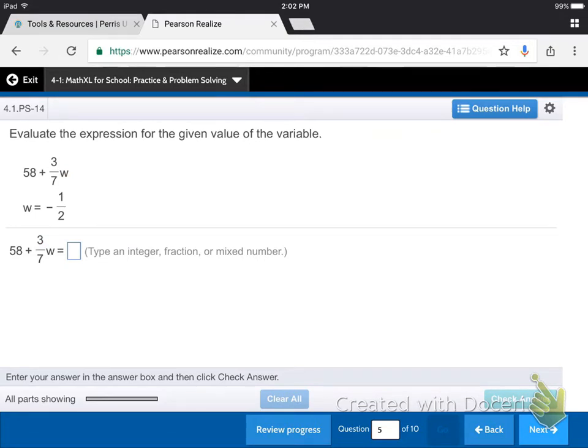Okay, we have another one. Evaluate the expression for the given value of the variable. 5/8 plus 3/7 times w, and w is negative a half. So let's write it down. 5/8 plus 3/7 times w, and w is negative 1/2. So we have to multiply the fractions first.